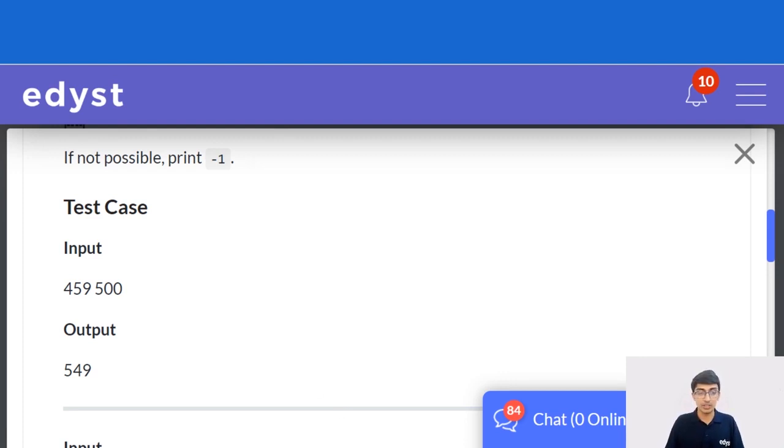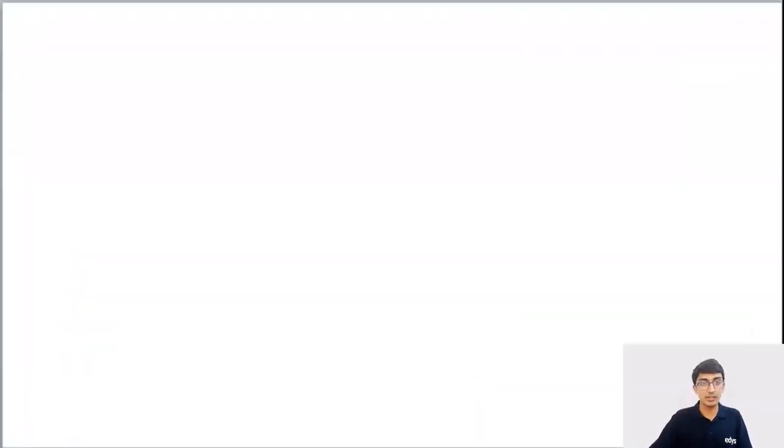Let's write down some of the test cases and see what's actually happening. The first test case is 459 and 500.